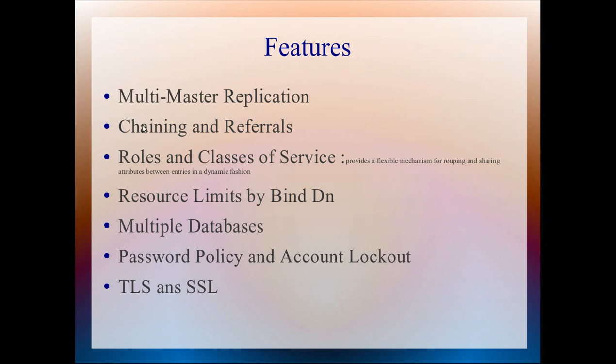Chaining and referrals. Chaining and referral means, for example, you have a separate directory server for India and a separate directory server for US. For example, you have three directory servers: one corresponding to India, one corresponding to US, and one generic.